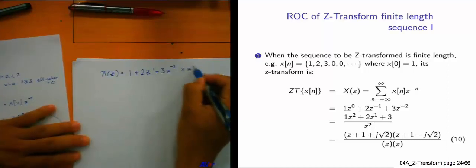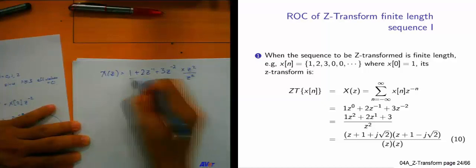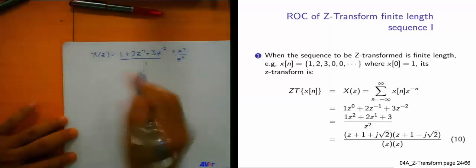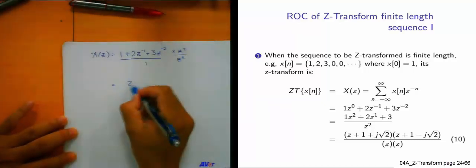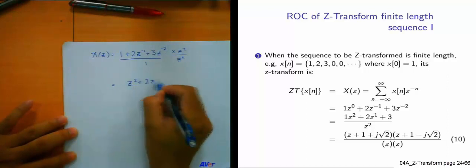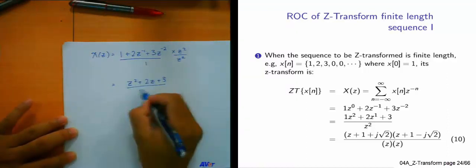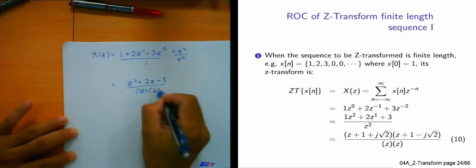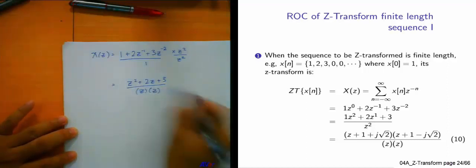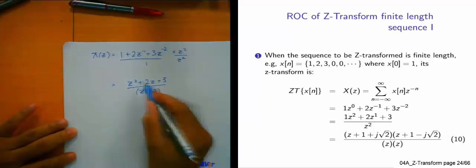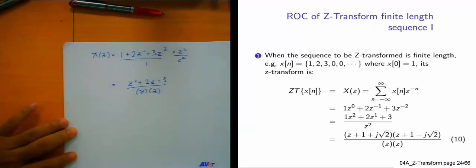Multiply by z squared. So it means like this, right? Then now we have z squared plus 2z plus 3 over z squared. Agree? So now you can see the poles and you can see the zeros.